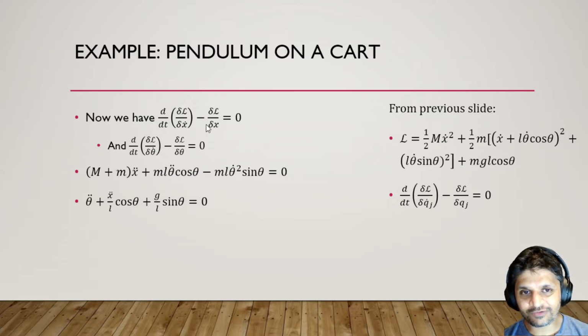And that's our first equation that came from the partial derivative with respect to x. And then for the one for theta, we end up with theta dot dot plus x dot dot over L cos theta plus g over L sine theta equals 0. You can give it a try yourself. That's what you'll come up with.